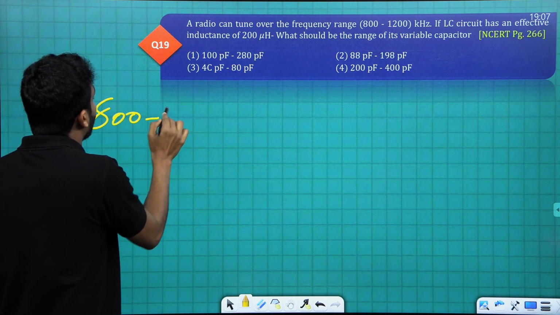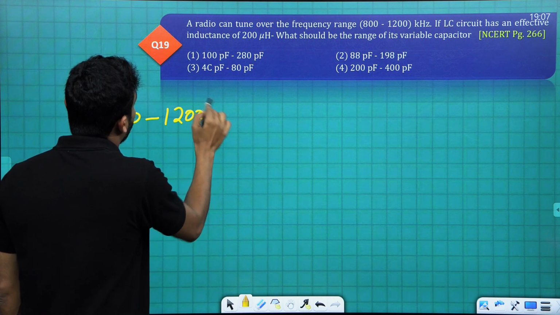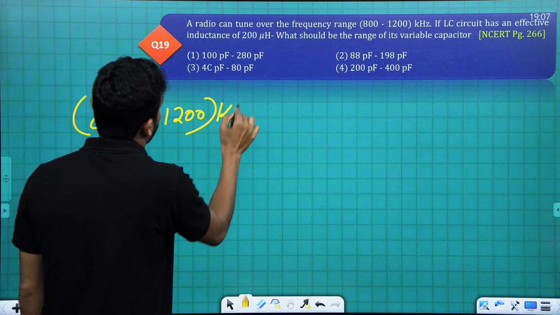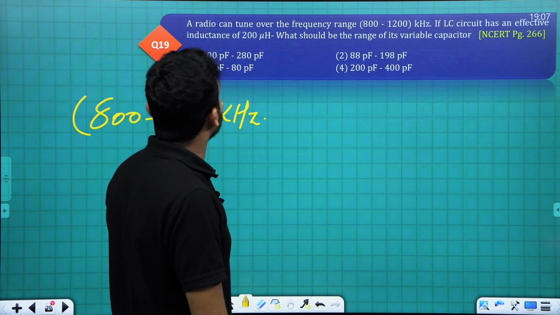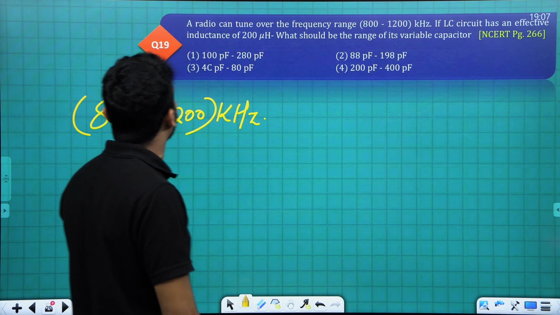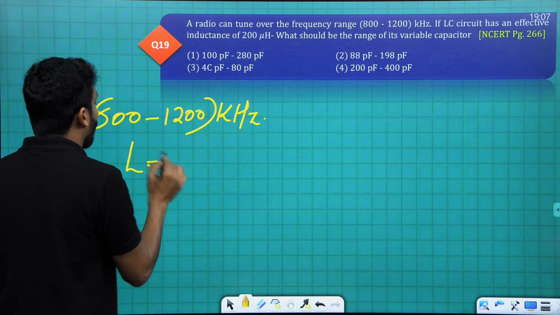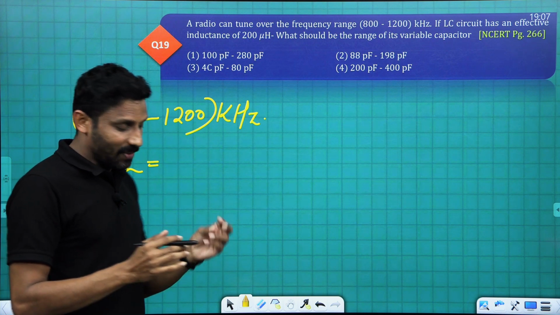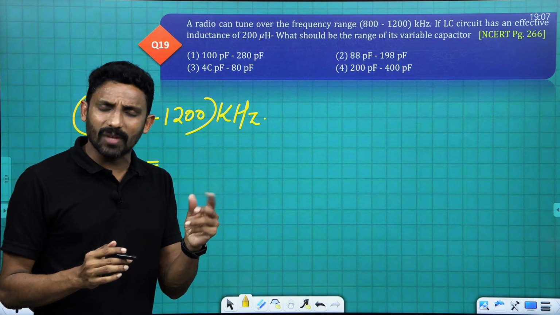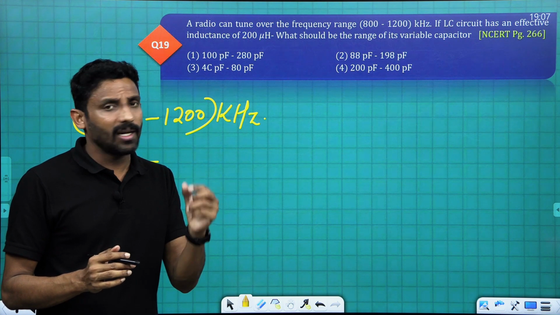The tuning range of the radio is 800 to 1200 kilohertz. If the LC circuit has an effective inductance of 200 microhenry, the tuning circuit of the radio contains an inductor connected in series with a capacitor.